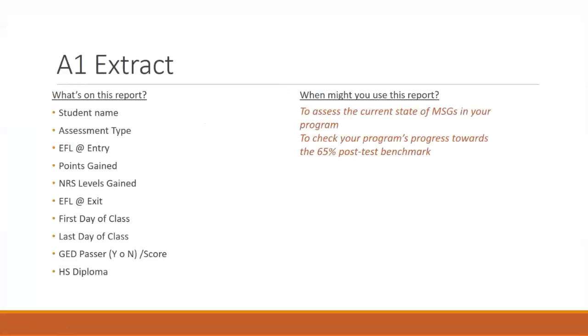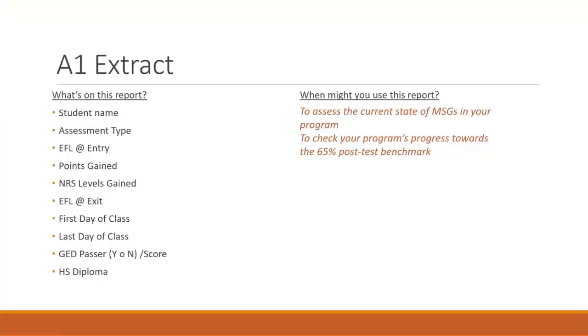So the A1 extract is a report that contains student-level data on assessment and achievement. And the way that the data will appear on your report is that one row is equivalent to one student. So it's a really easy report to manipulate, do pivot tables on.